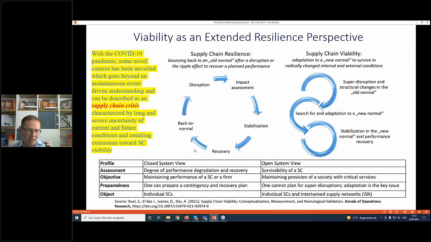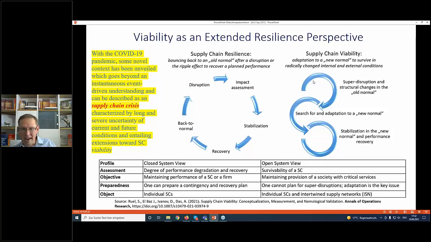In order to clarify the difference between resilience and viability, I would like to show this slide. This comes from another paper where we conceptualize viability empirically. And basically you can see the difference, right? Supply chain resilience is a kind of bouncing back to old normal once disrupted to recover plan performance.